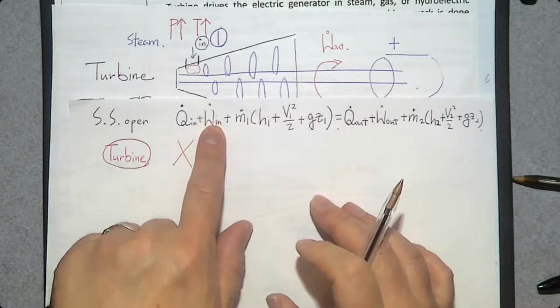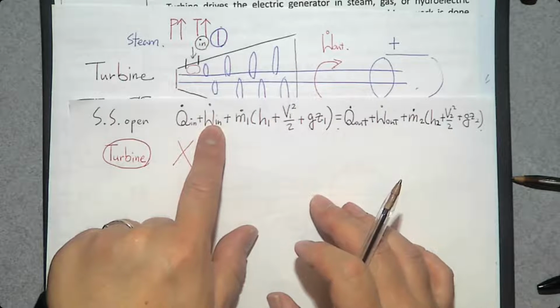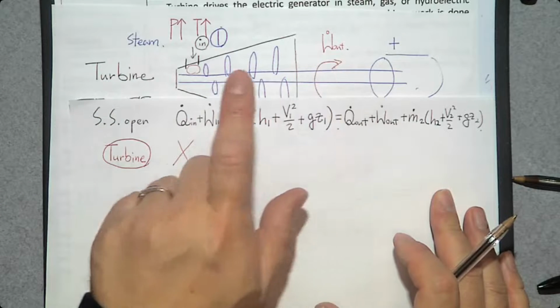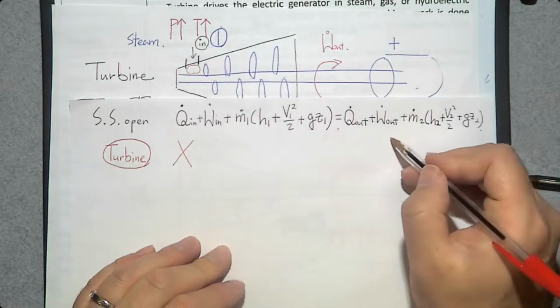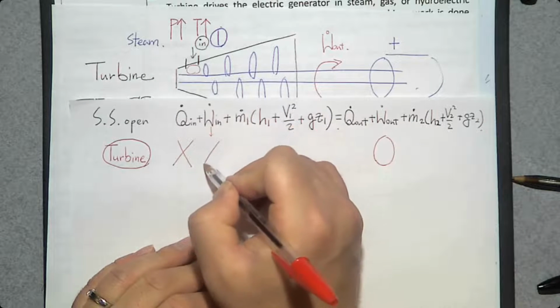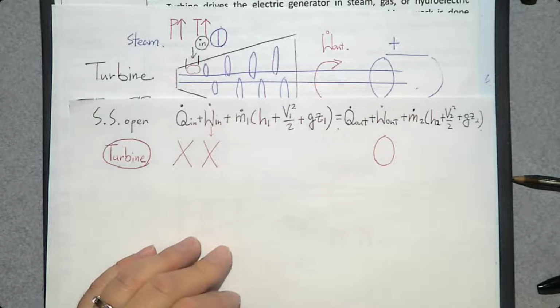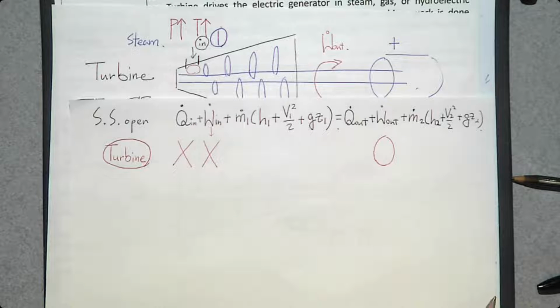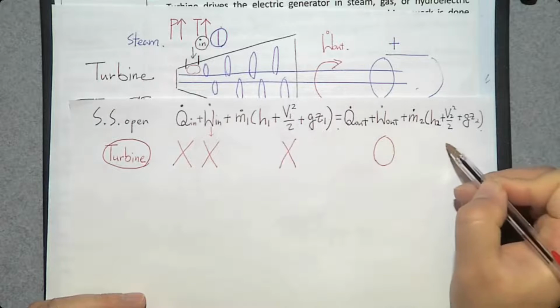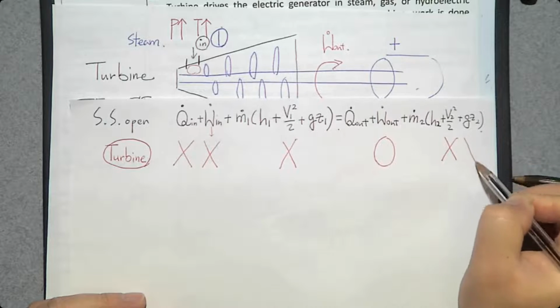Do we provide work to run a turbine? No, a turbine is a device to produce work, not consume work. So we produce work, but we do not consume work. And we usually neglect kinetic energy change and potential energy change.